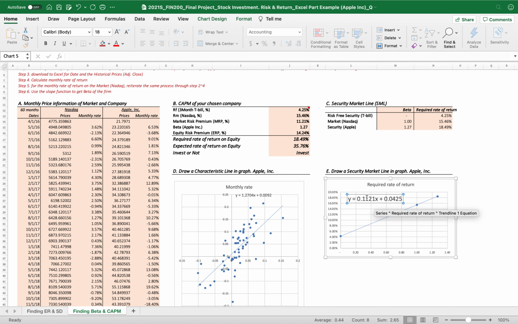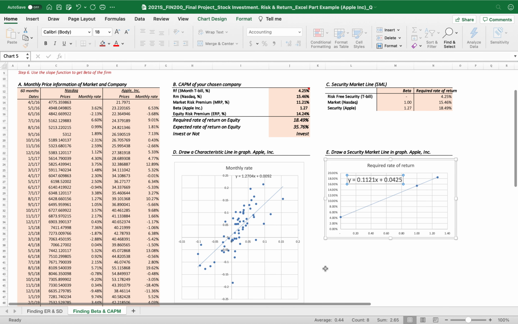This 0.1121 is no longer the beta on the characteristic line graph. This 11.21% is now the market risk premium. The reason why all these dots are on the same line, the security market line, is that they all share the same intercept and the same market risk premium.